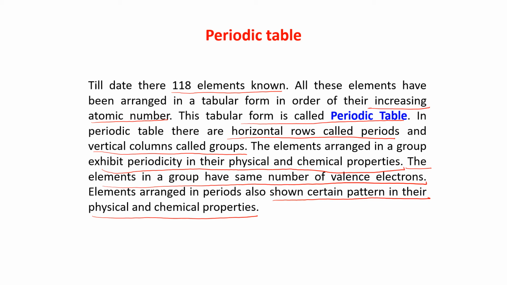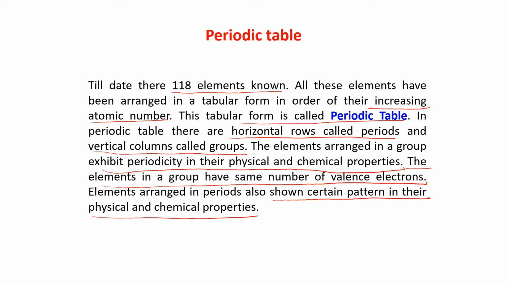In periodic table we are having two things. One is the period, another is the group. Now the horizontal rows are known as period and the vertical columns are known as groups. Similar atoms which are showing similar type of physical and chemical properties, they are kept in a particular group.